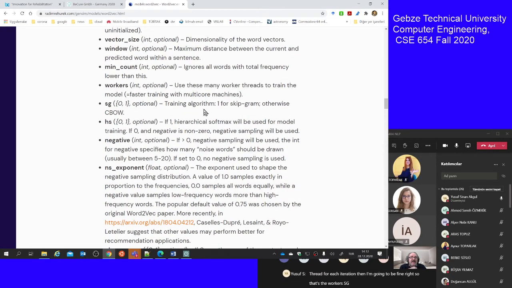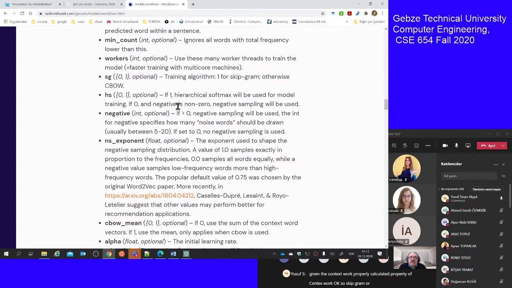Then there's SG. Again, remember, skipgram or continuous bag of words. One is given the center word, calculate the probability of the context word. The other one is given the context word, calculate the probability of the center word.